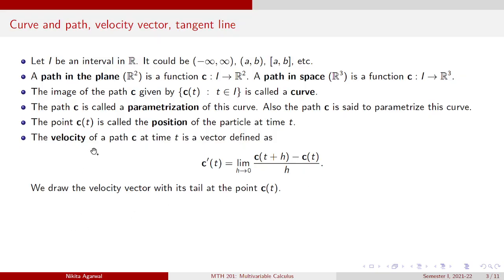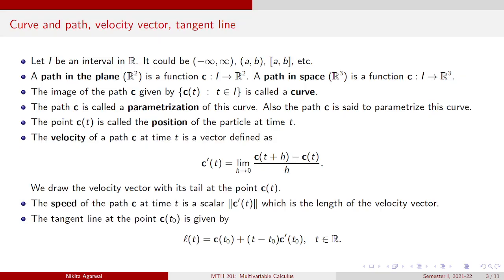And how do we draw this velocity vector? Remember, this is a vector because c is giving you a vector, right? The velocity vector is drawn with its tail at the point c(t). So you are on the curve at the point c(t), and then you draw the vector c prime (t), which is the velocity of this path at time t.